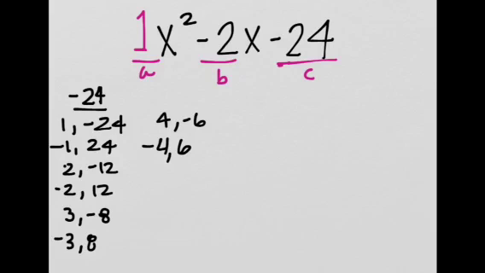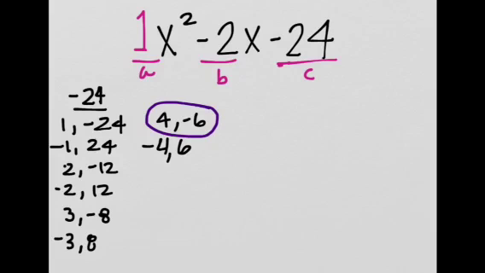So our b here is negative 2. And so when we go through and look for which combination adds to give us a negative 2, we can see that it's 4 and negative 6. 4 plus negative 6 equals negative 2.